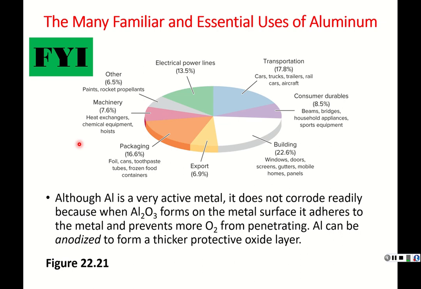It will oxidize and form Al2O3 on the surface of the metal, but that adheres to the surface and keeps the oxygen from penetrating lower, so it doesn't rust out the way we think of iron rusting. It stays all on that surface as a protective layer. And so that's why aluminum is such a good material, and it's used in many, many different alloys.